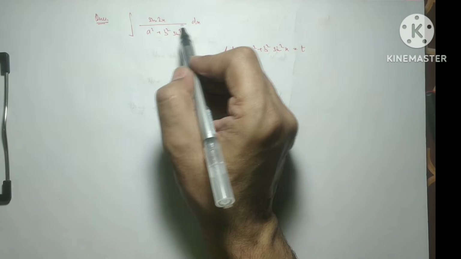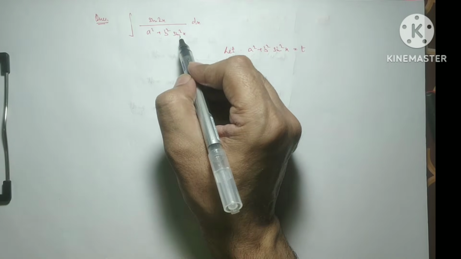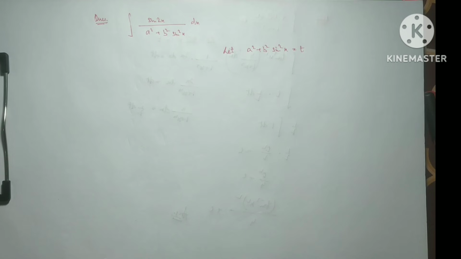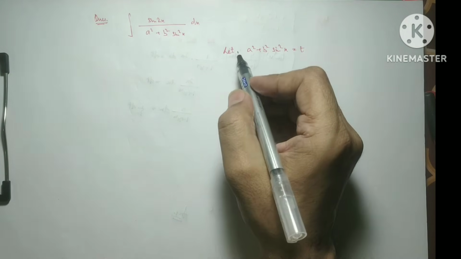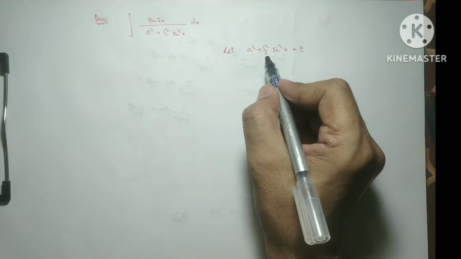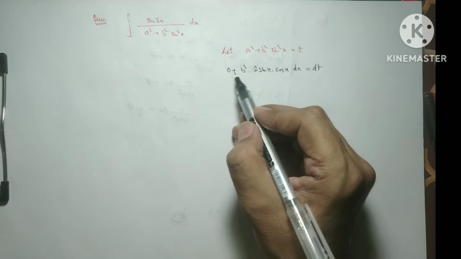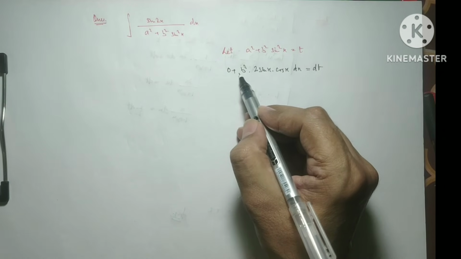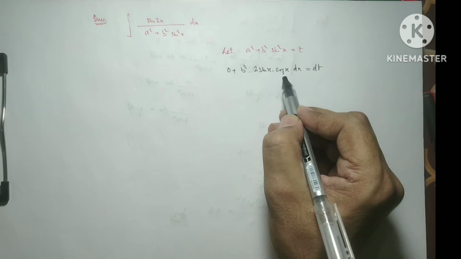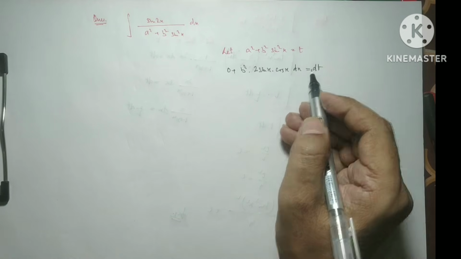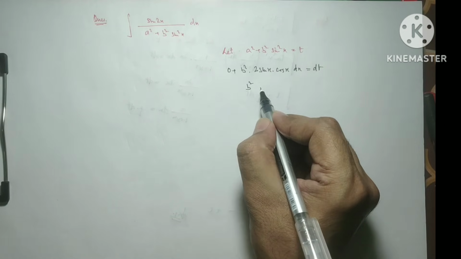Integrate sin 2x divided by a square plus b square sin square x dx. Now we assume a square plus b square sin square x as t. So the differentiation of this is a square, that becomes 0, and b square 2 sin x cos x dx equals dt.